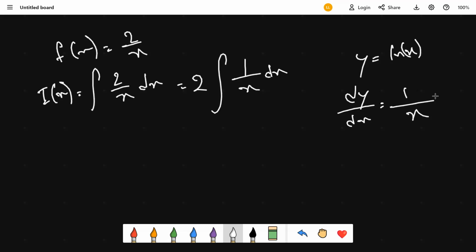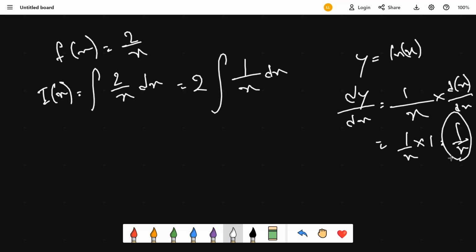So differentiating that x gives us 1. That means we are left with 1 over x. That means the derivative of ln x is 1 over x. That means the anti-derivative, or integration, of 1 over x is what? Ln of x.